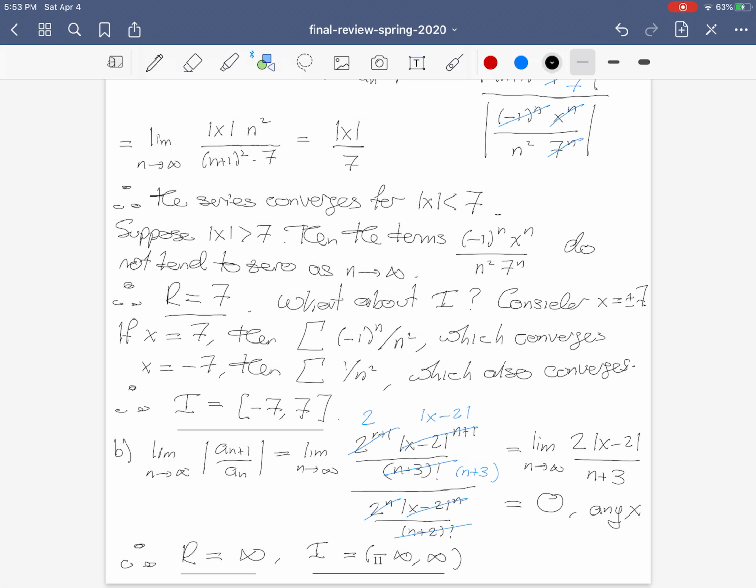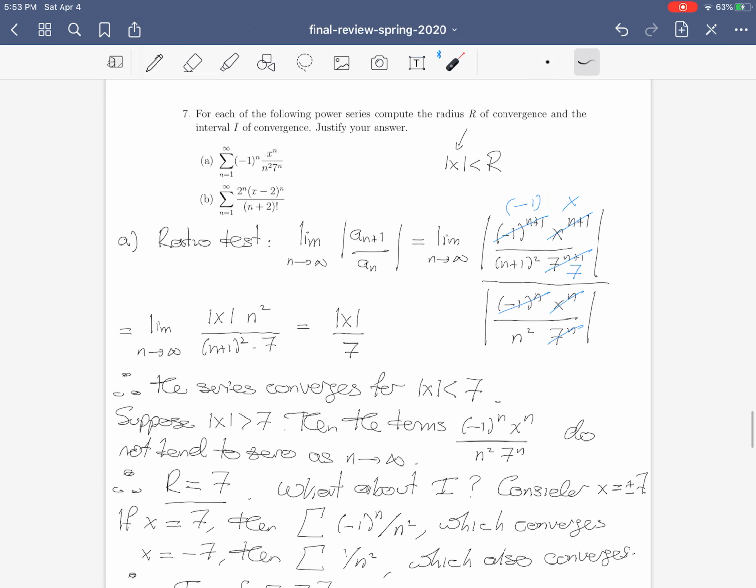So the ratio test tells us that we converge for any x.